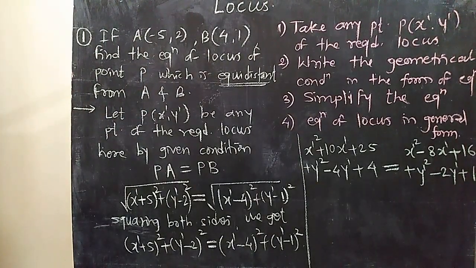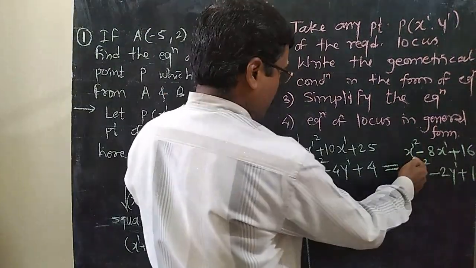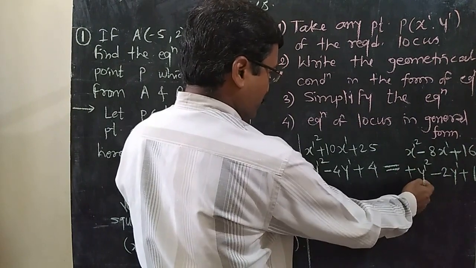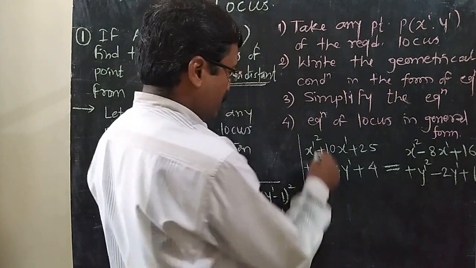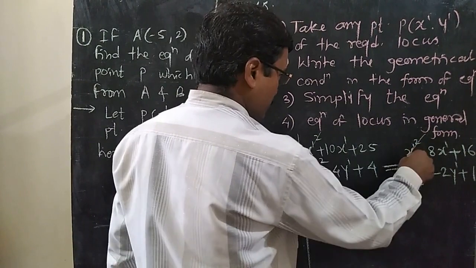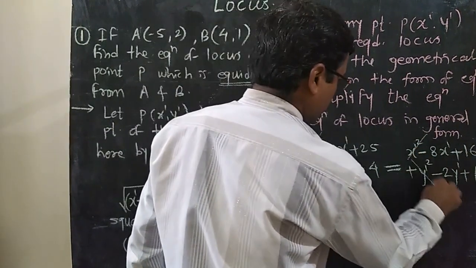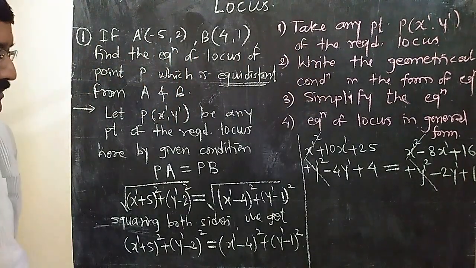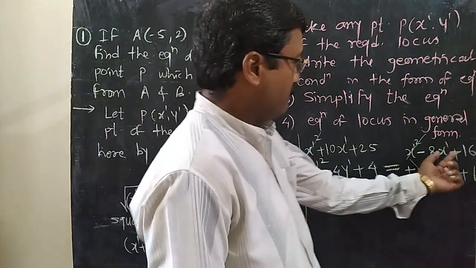Here x' square and y' square are on opposite sides, so they get cancelled with each other. Now remains here 10x', here is minus 8x'.